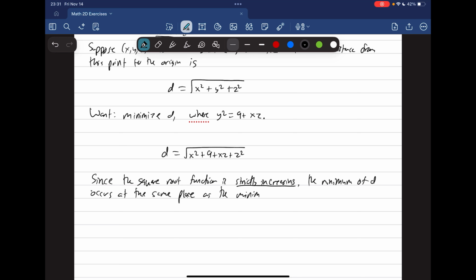And by inside, I just mean everything inside of the square root. So f of x, z equals x squared plus 9 plus xz plus z squared.